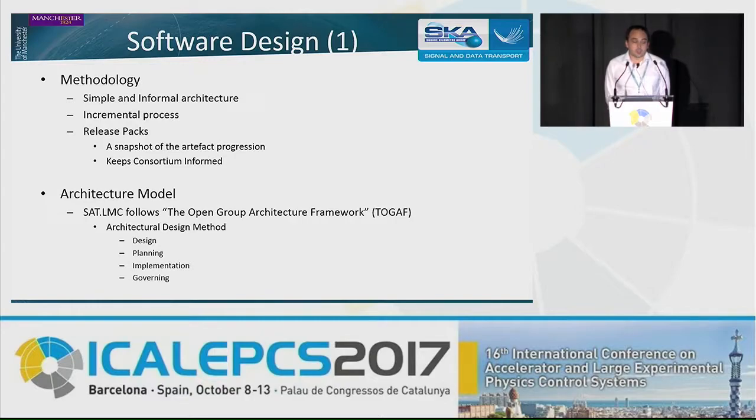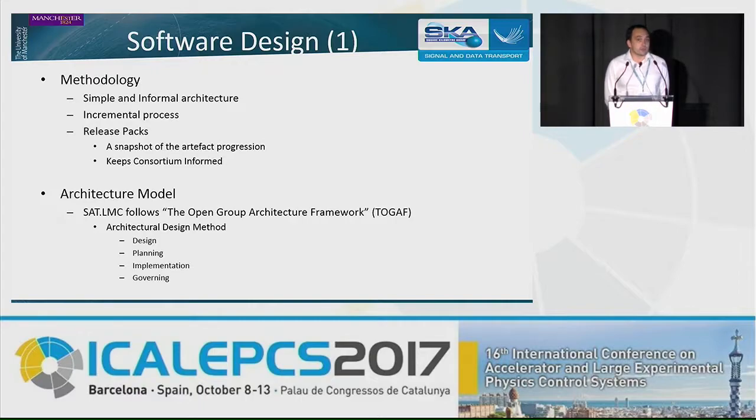As with any software project, it's evolved over time. So where we started 4 years ago was very different to where we are today. So we've aimed to try and capture the progression and evolution of the software by releasing what we call release packs.